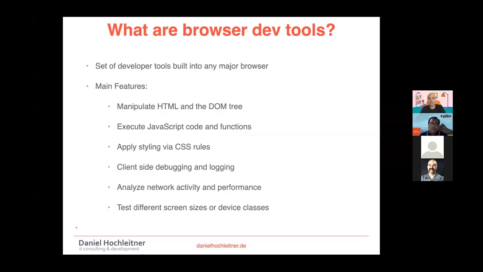So the main features, first of all, is to show you the HTML of a page and manipulate that HTML and the DOM tree behind it. Execute JavaScript code and functions. Apply some CSS rules, so for styling your application. Client-side debugging and logging to get some output. Analyze the network activity between browser and server side.